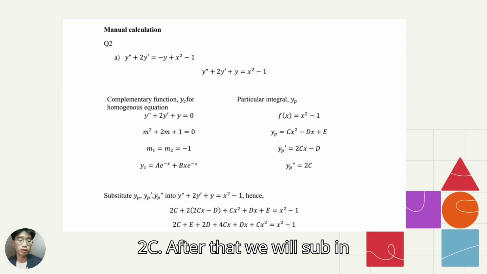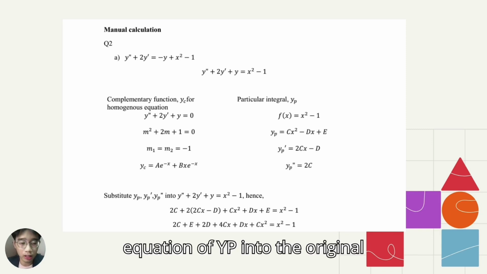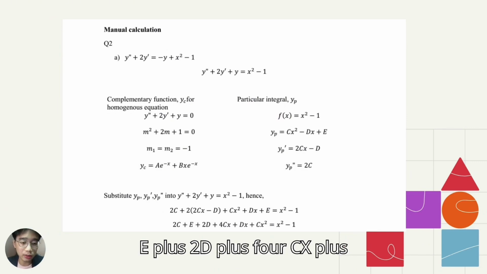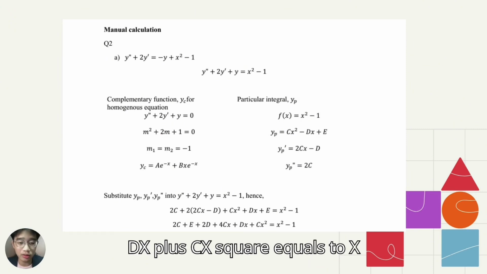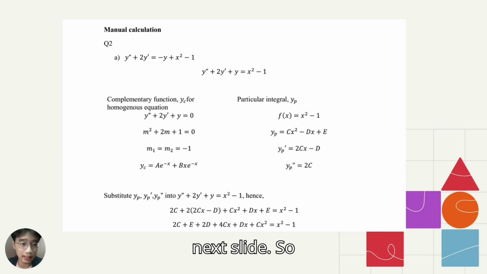After that, we plug all the yp equations into the original ODE, and it becomes 2c plus e plus 2d plus 4cx plus dx plus cx squared equals x squared minus 1.